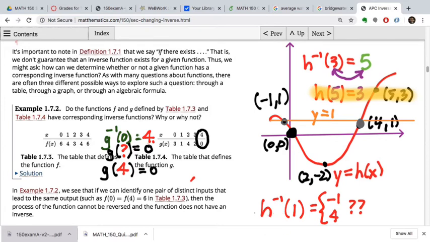And so what do we say? We say that this graph fails the horizontal line test. Exactly. There's a horizontal line that meets this graph in 2 or more places. So the graph fails the horizontal line test. So H inverse of 1 doesn't exist. In fact, better still, what we will say is that H inverse does not exist as a function.